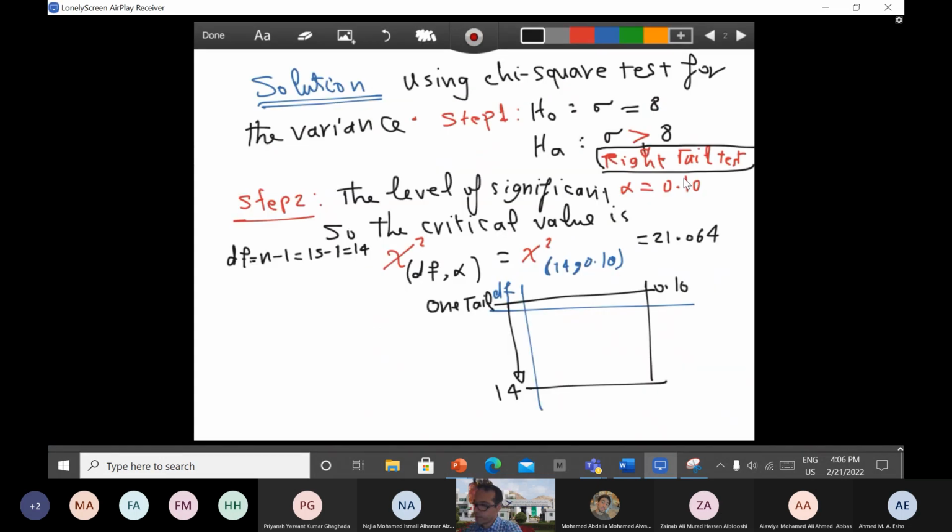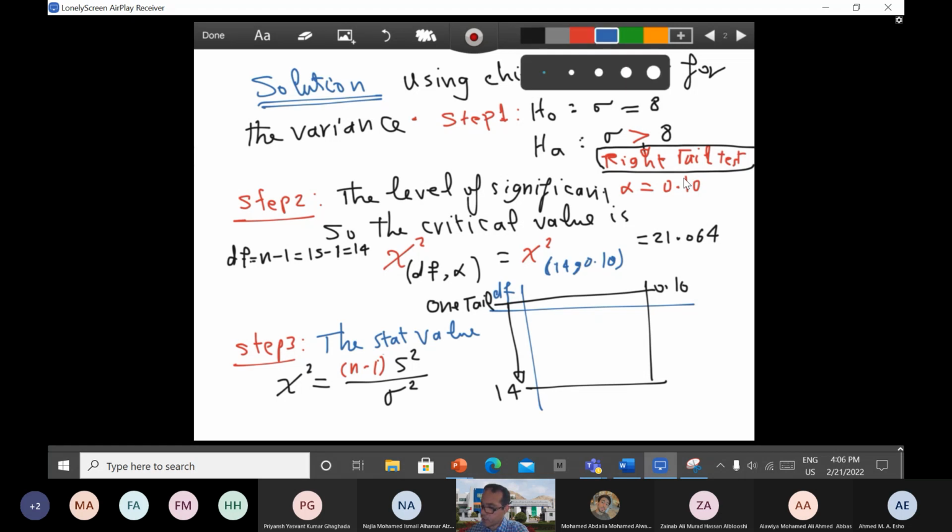Now I'll go for step 3. Step 3 needs a calculation, and it depends on the formula. What is the formula here? The stat value comes from the formula chi-square equals n minus 1 times the variance of the sample over the variance of the population.